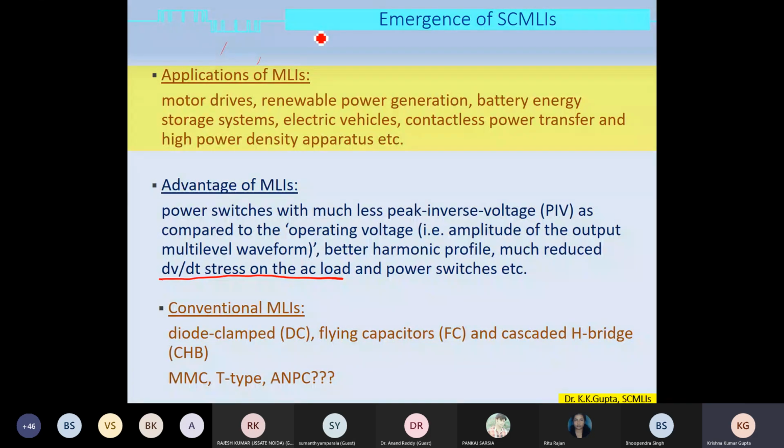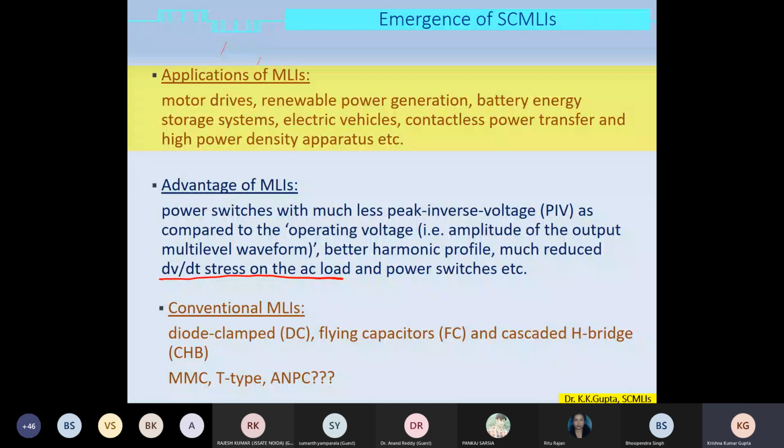So these are some of the advantages, and the topologies which are considered classical or conventional are diode clamped, flying capacitors, and cascaded H-bridge converter. In addition, there are certain topologies which have gained a lot of prominence in the past 10 years.